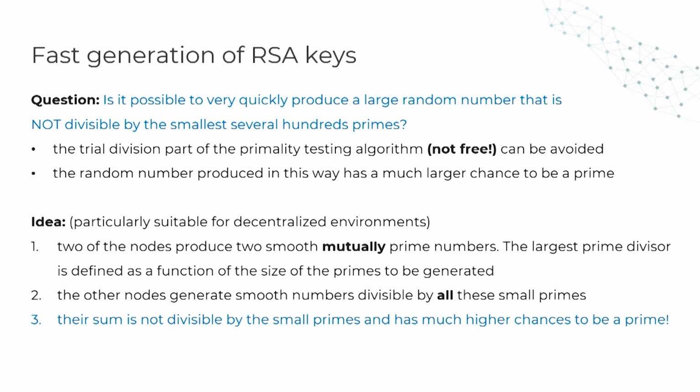Well, apparently it is possible with the use of this approach, especially in a distributed, decentralized environment. You may have two nodes that are producing two smooth mutually prime numbers with a very appropriate definition of smoothness. And then the other nodes produce smooth numbers divisible by all these small primes with smaller exponents.